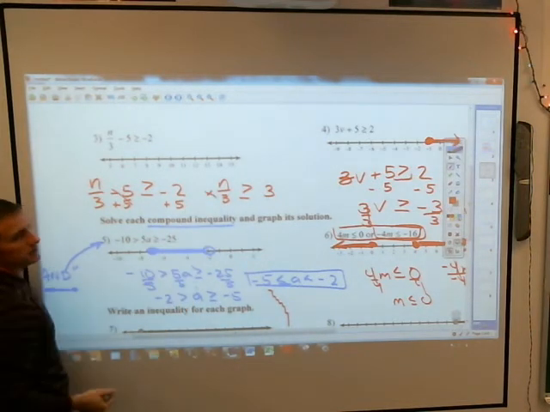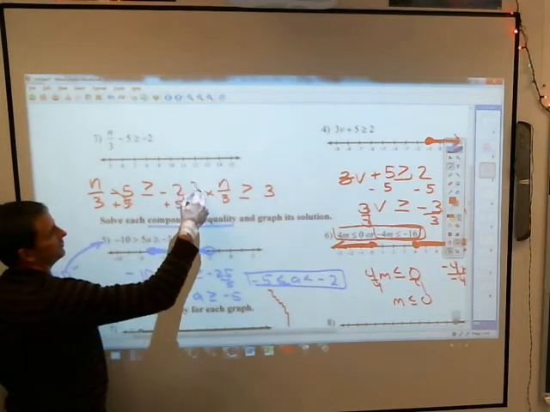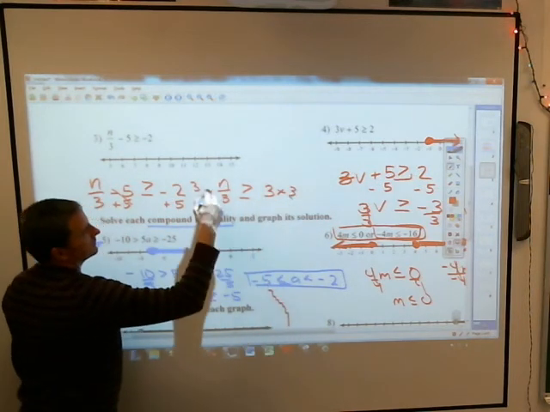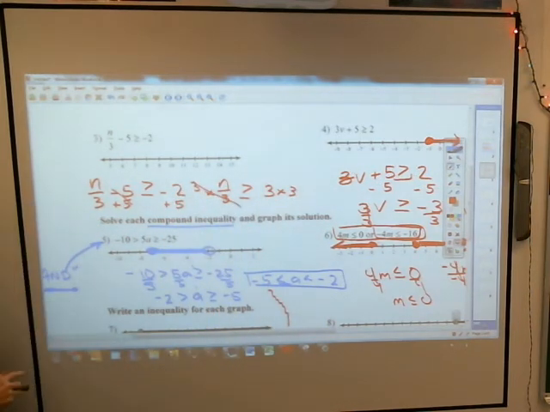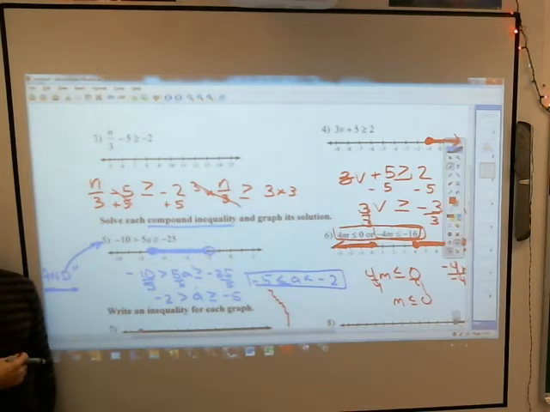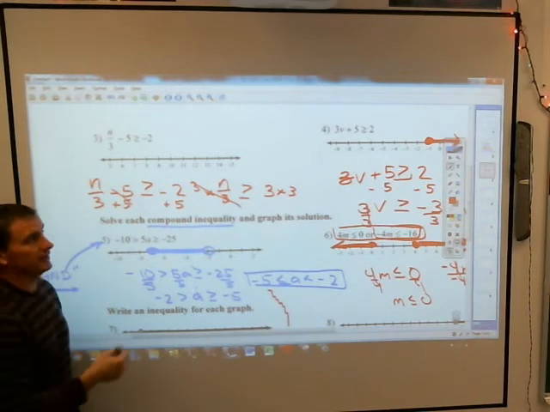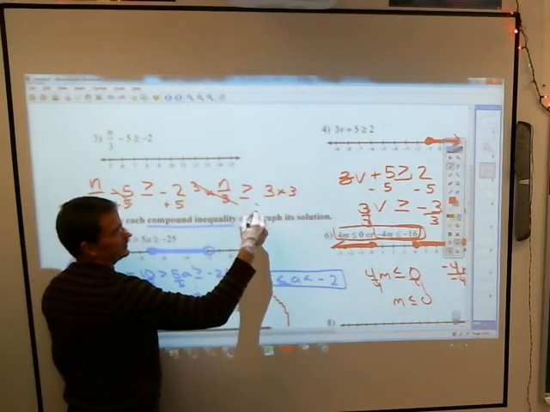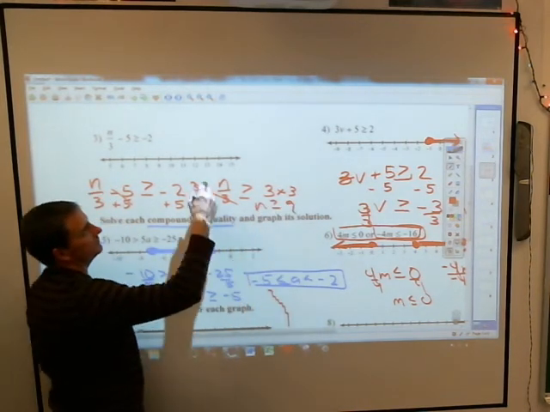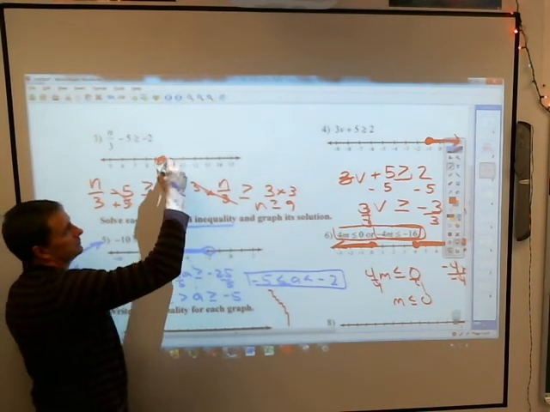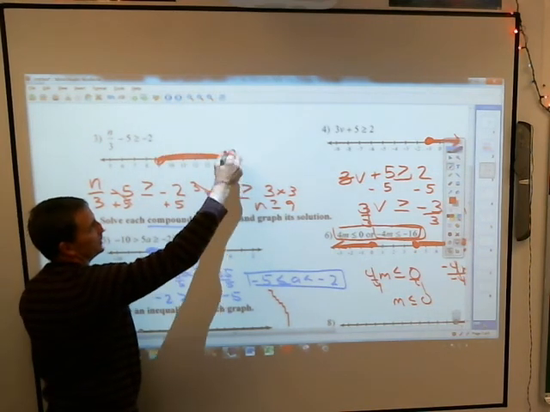The opposite of division is multiply both sides by 3. The sign does not change because the letter doesn't go from negative to positive. The only time the sign changes is when you multiply or divide by a negative, and I did not. n is just greater than or equal to 9. I would highlight that.